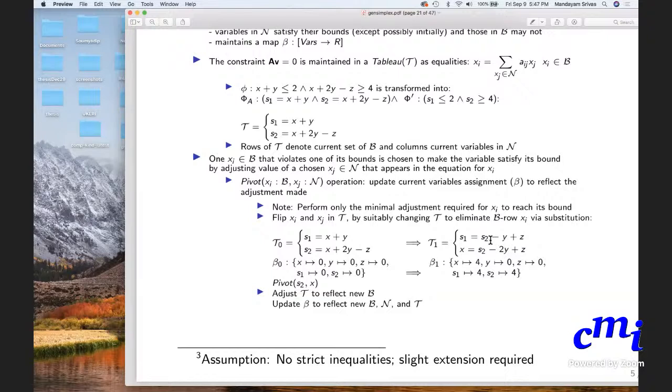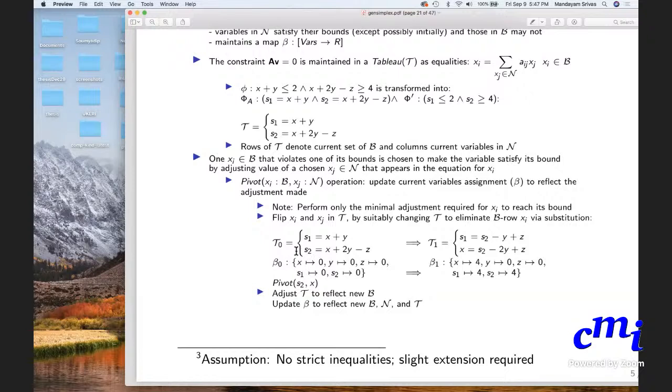Once that is done, the pivot operation also updates the current assignment to variables as per these equations.